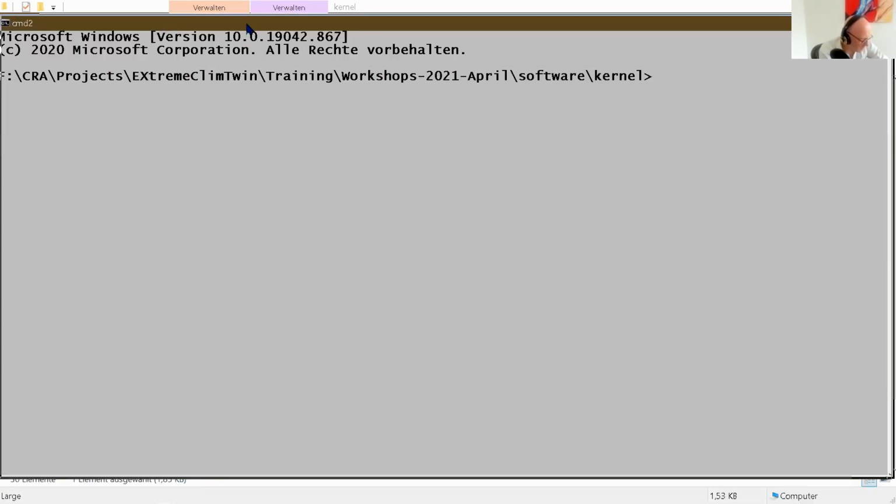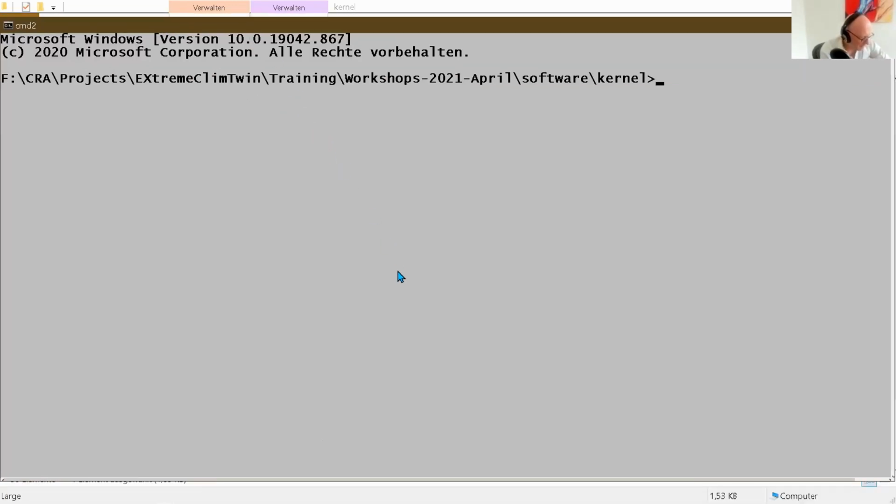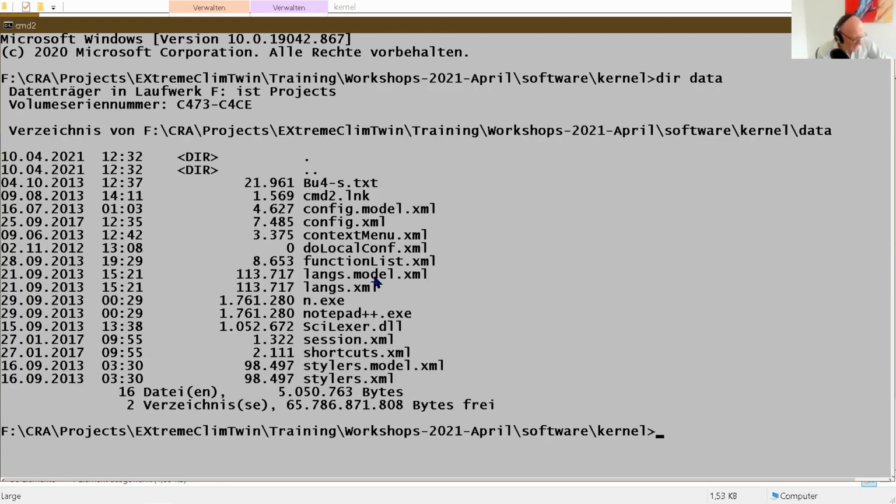So I'm now in this folder, and I will first look what's inside data, and I will now use the mouse. This is again to make life easy. I mark the text with the left mouse button, and I use the right mouse button to copy the text into what I call the mouse clipboard, into the memory, so I don't have to type in the file name.